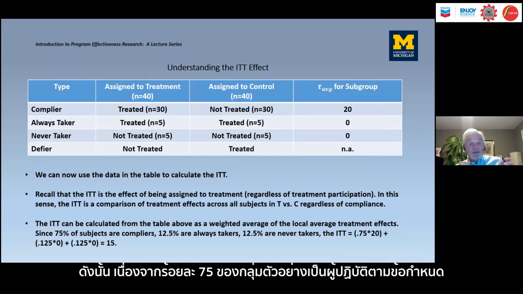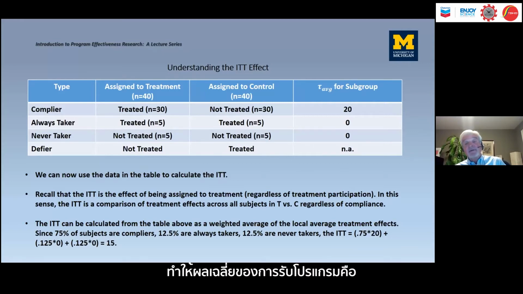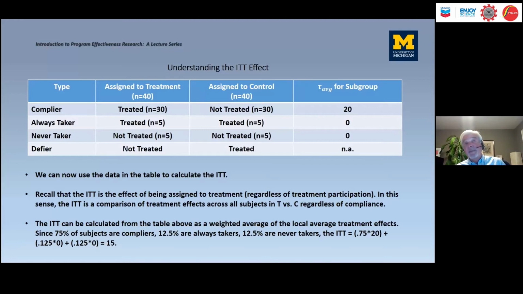Since 75% of the subjects are compliers, 12.5% are always takers and 12.5% are never takers, the average treatment effect is the sum of 75% times 20 plus 12.5% times 0 effect plus 12.5% times 0 effect. And so we see that the ITT in this little hypothetical table is 15.